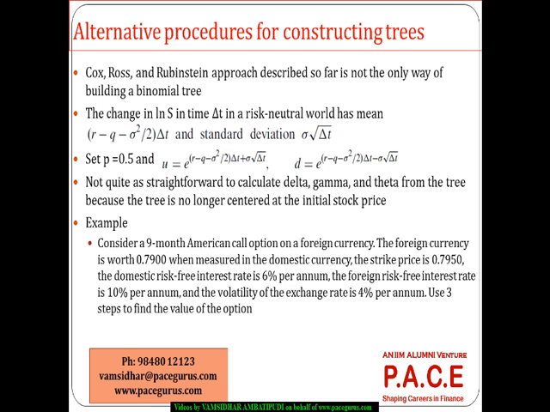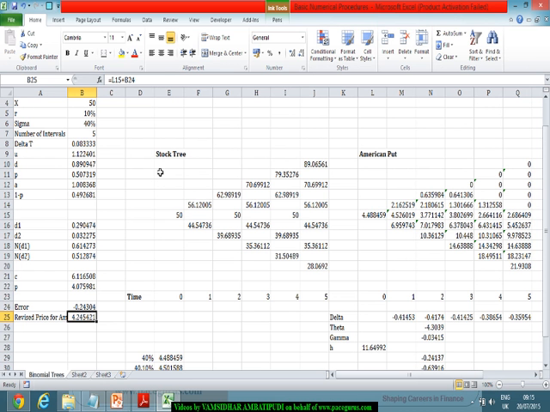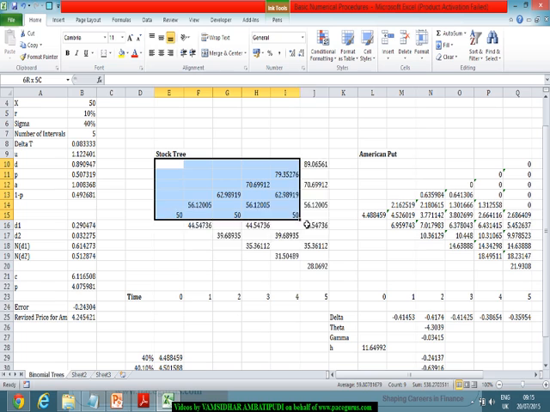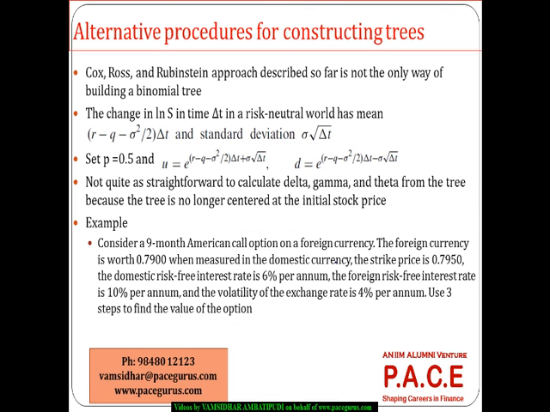Now, I want to know, are there any alternate procedures for constructing the trees? This procedure that we have constructed, the stock tree, is what is called the CRR based one, the Cox-Ross-Rubinstein approach. This is one way people build the tree. But apart from that, we also talk about a few other models where we look at the change in log s rather than s.